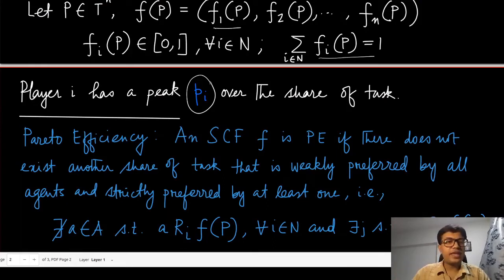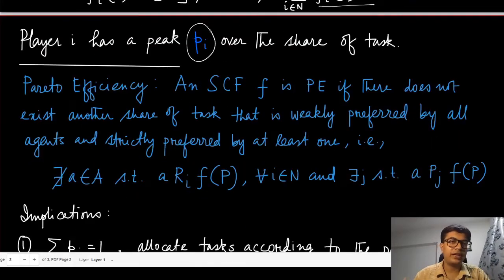Now, since we have indifferences here, we have defined the notion of Pareto efficiency even in the previous modules, in the previous settings, but here we'll have to define it a little more carefully. It's slightly different. So the social choice function F is Pareto efficient if there does not exist any other share of the task that is weakly preferred by all of the agents and strictly preferred by at least one.